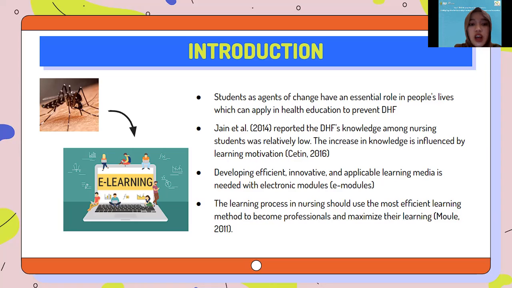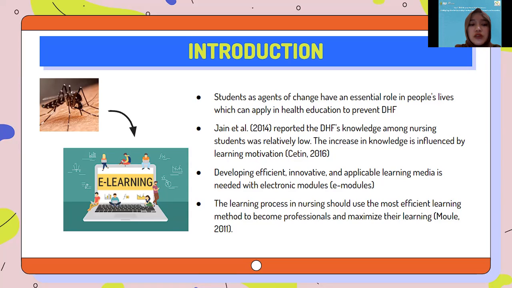For these reasons, increasing students' knowledge needs to improve with more exciting and applicable learning methods. So this research develops learning media with e-modules. The availability of learning media that follow technological development can increase learning motivation.